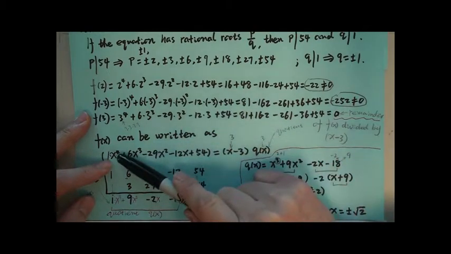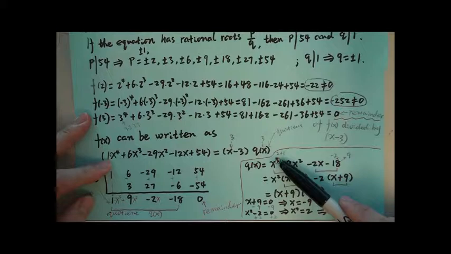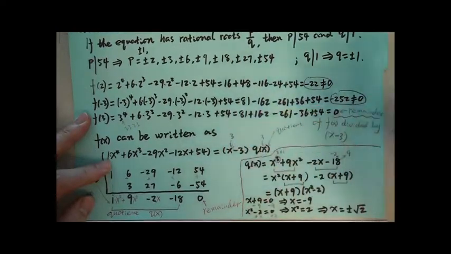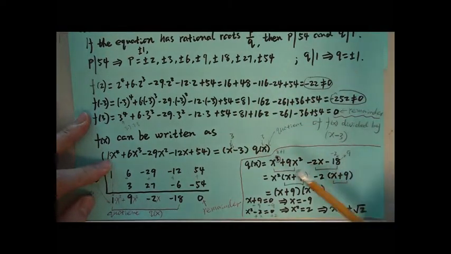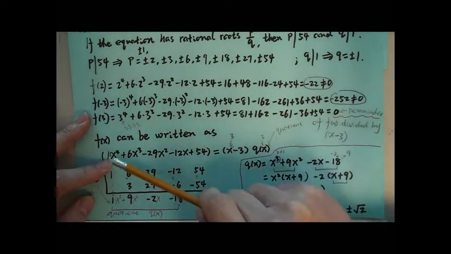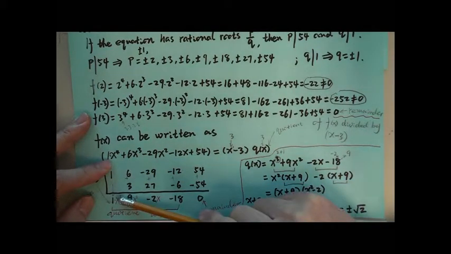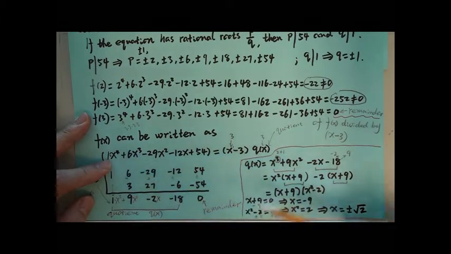Because previously it was x to the 4th. So here it is always 1 degree less. Because here you have exponent 1, with 3 you'll get exponent 4. That's the reason. The exponent is always 1 less than the previous one.